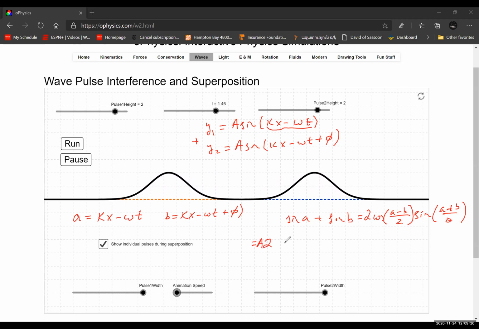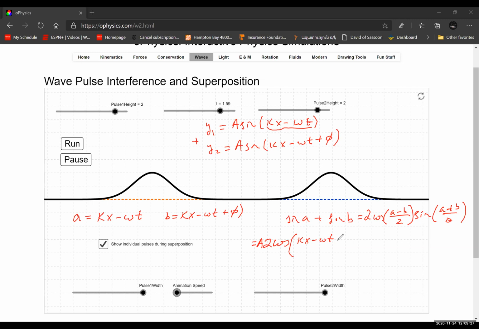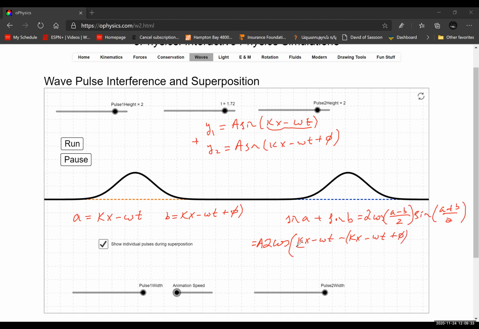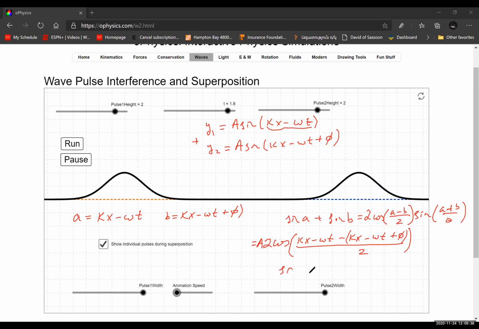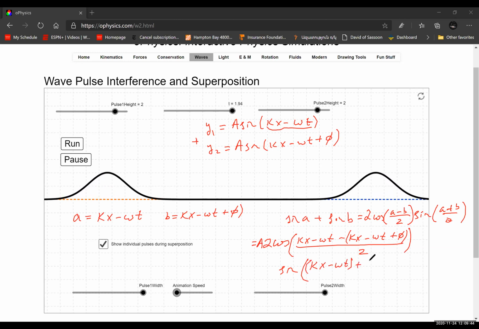So then A times 2 cosine of [(kx minus omega t) minus (kx minus omega t plus phi)] divided by 2, and then times sine of [(kx minus omega t) plus (kx minus omega t plus phi)], and this is divided by 2.